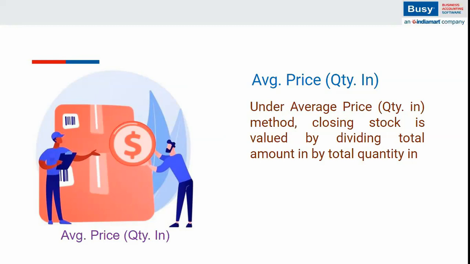So under the average price quantity in method, the formula is: the total amount in gets divided by the total balance quantity, and then it will calculate the average price, or the valuation, of the remaining quantity.